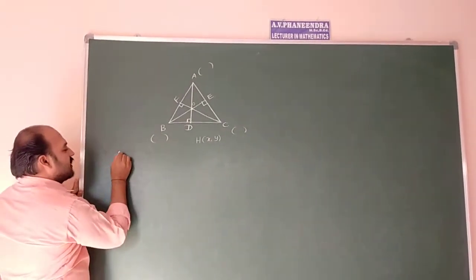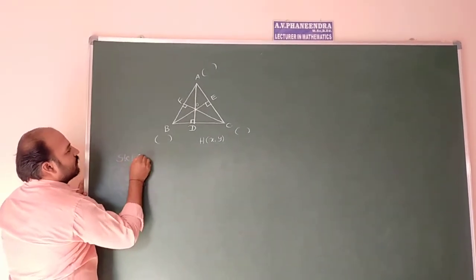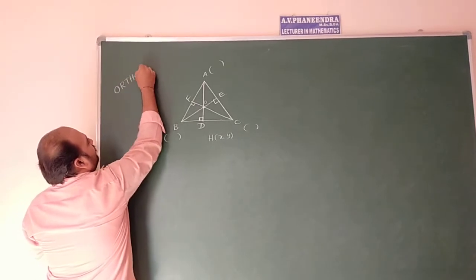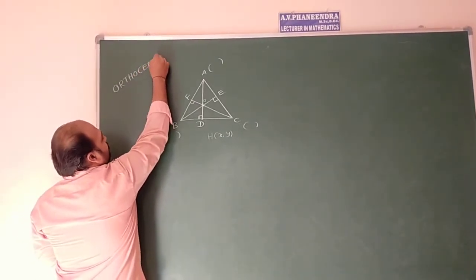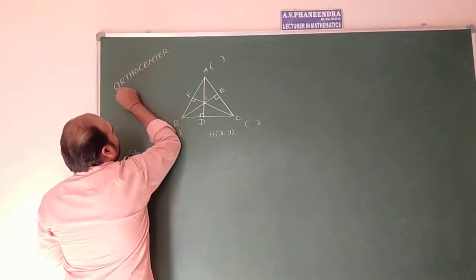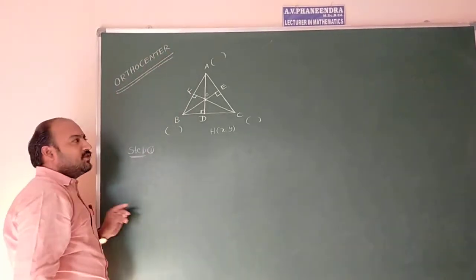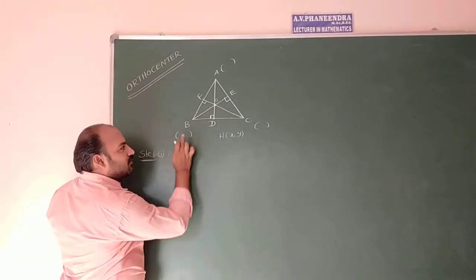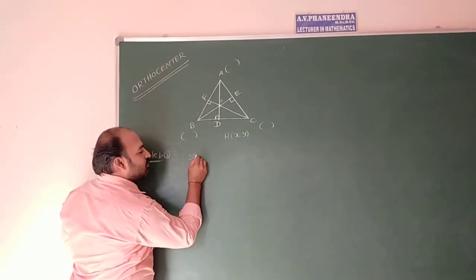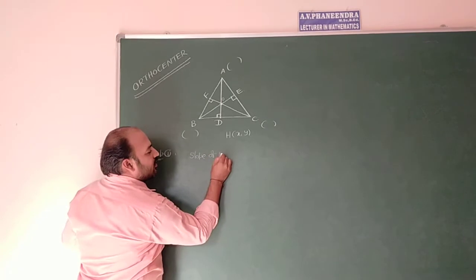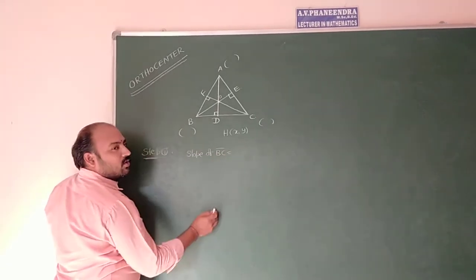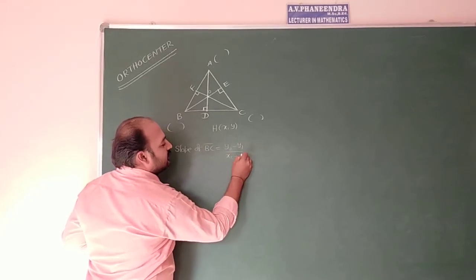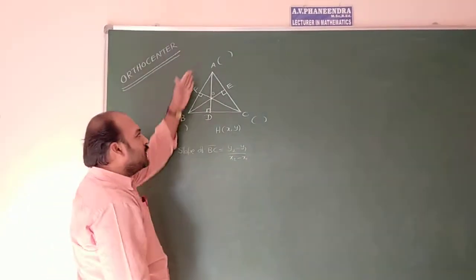Now, 3 points are given. First step is step 1. I did not write the orthocenter. This is the concept of orthocenter. When 3 points are given, step 1: first calculate slope of BC by using the formula y2 minus y1 by x2 minus x1.